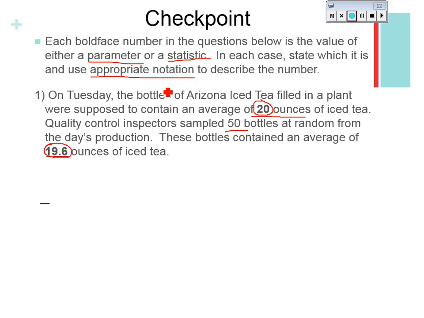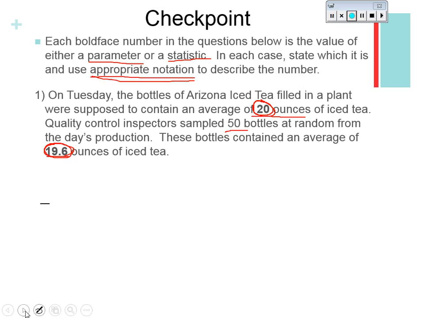So proper notation is, we're basically talking about mu and x bar if we're talking about quantitative data, and p and p hat if we're talking about categorical data. So in this case, because the data is quantitative, we got a 20 and a 19.6, we would be talking about mu and x bar in terms of appropriate notation.